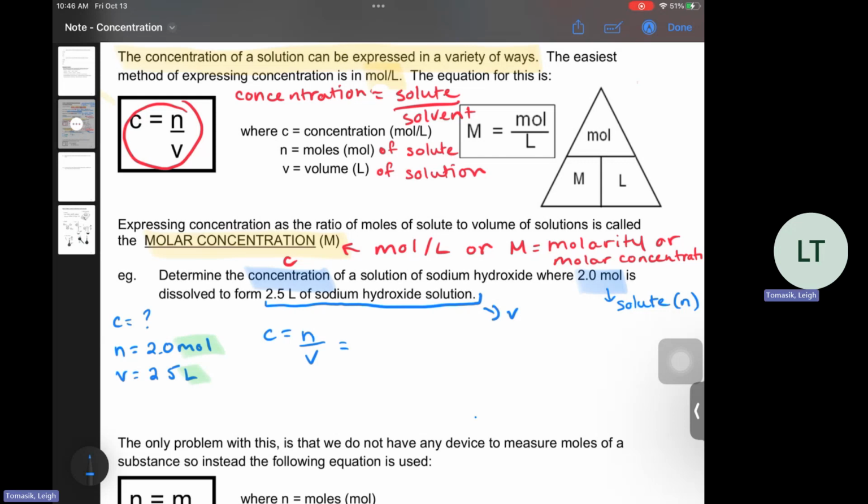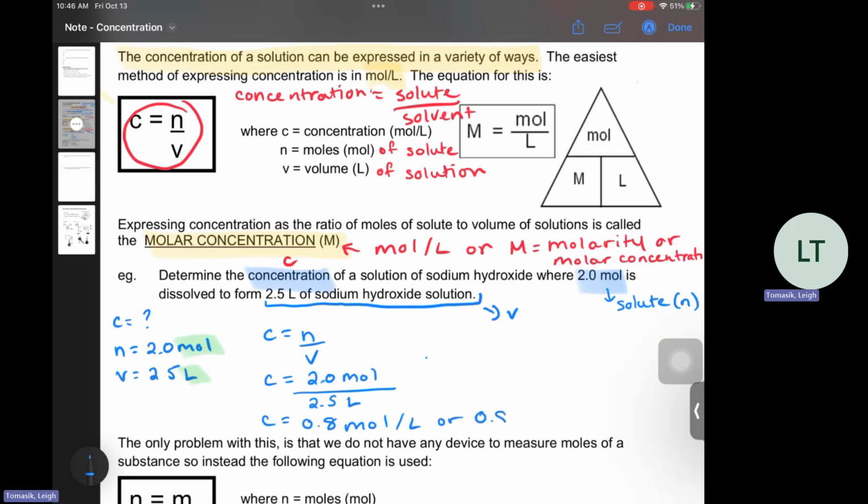So N is 2.0 moles, and V is 2.5 liters. When we put that into our calculator, 2.0 divided by 2.5 is 0.8 moles per liter.